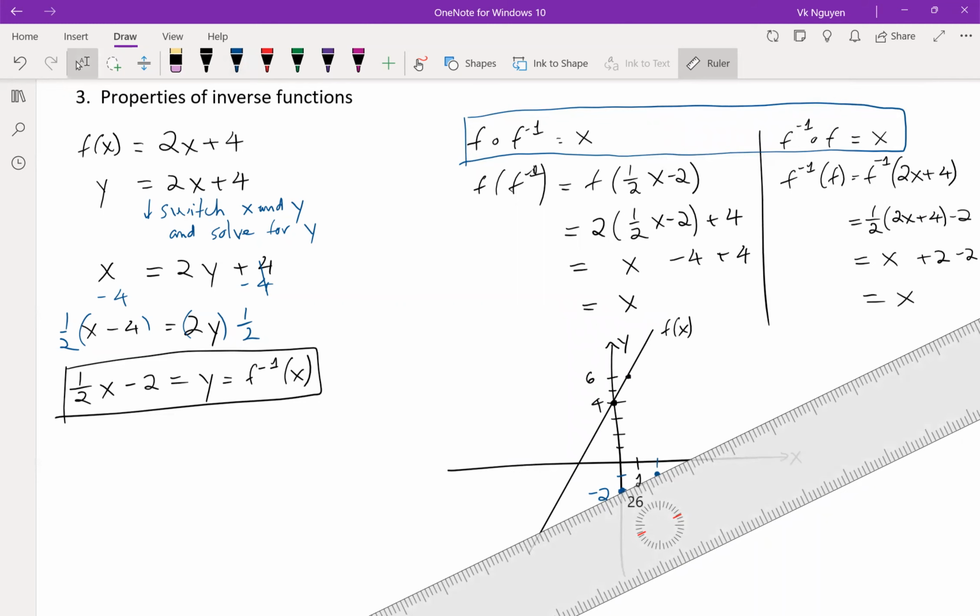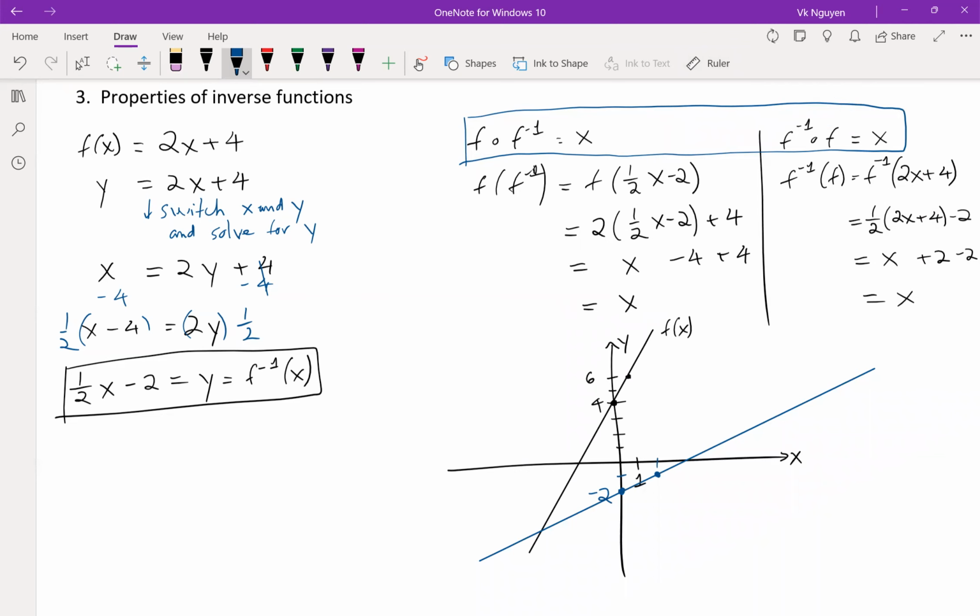This is F inverse x. And notice that we can draw the line y equals x. You will see that F and F inverse, their graphs reflect over the line y equals x.